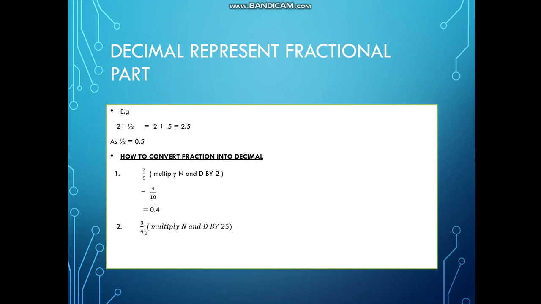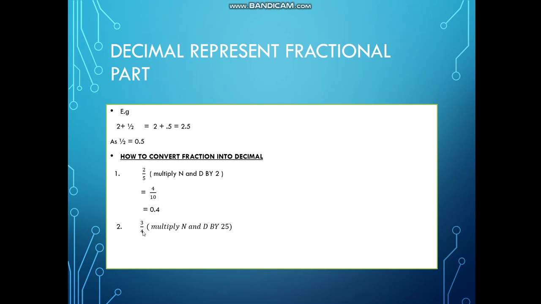I am taking another example, 3 by 4. Now I need again 10, 100 or 1000 in the denominator. My target is this. Can you convert this 4 into 10? No, because 10 is not a multiple of 4. If you multiply numerator and denominator by 2, you will get 3 twos are 6 and 4 twos are 8.